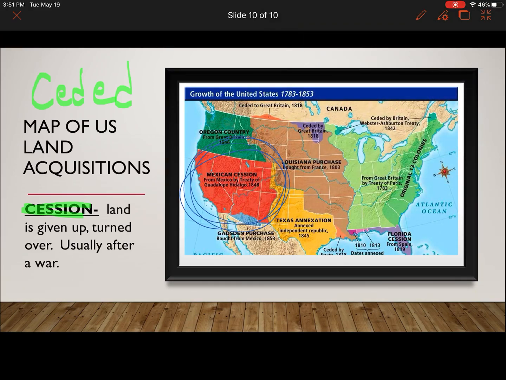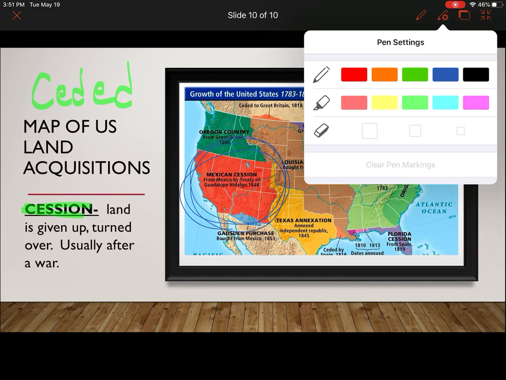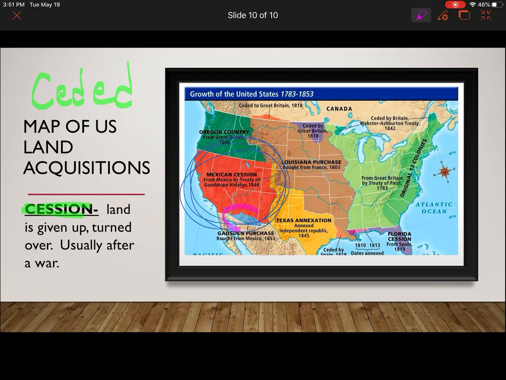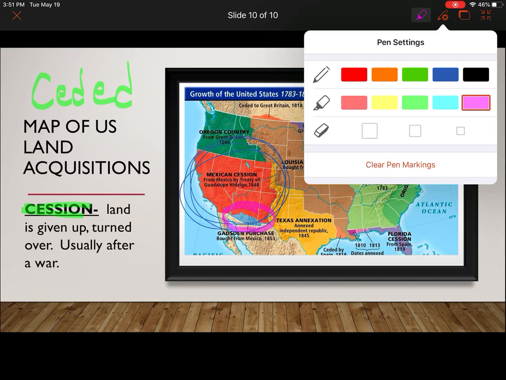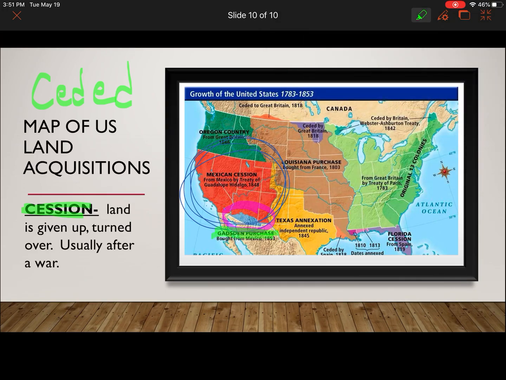There are a few other random territories that we need to talk about quickly, one of which, let me use pink, is this guy down here, the Gadsden Purchase. In 1853, the United States purchased that little strip of land because we were completing a railroad that went from Texas to California. And so that little chunk of land in southern Arizona and New Mexico was called the Gadsden Purchase.